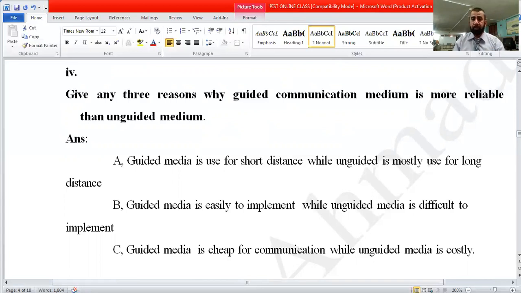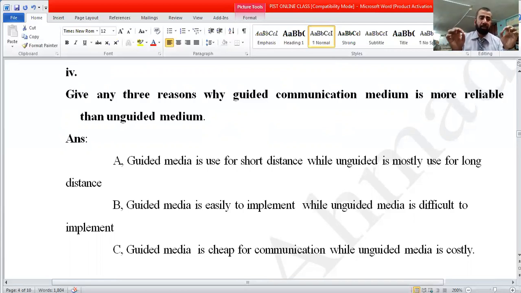So what is guided media and what is unguided media? Guided media is when there is a physical connection, when cables are involved between two devices. And unguided media means there is no physical connection involved, only a logical connection.